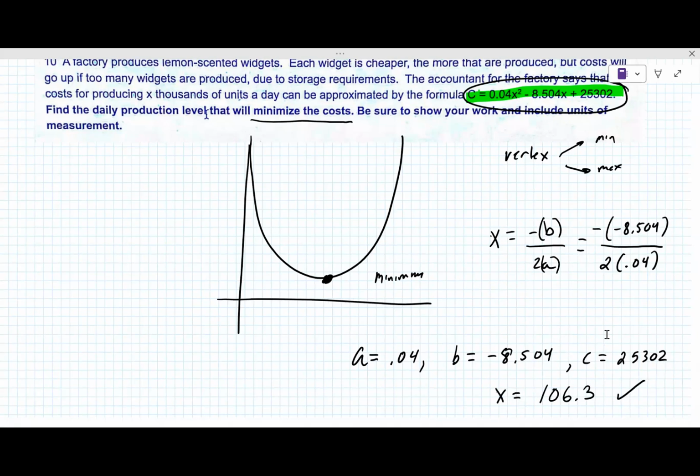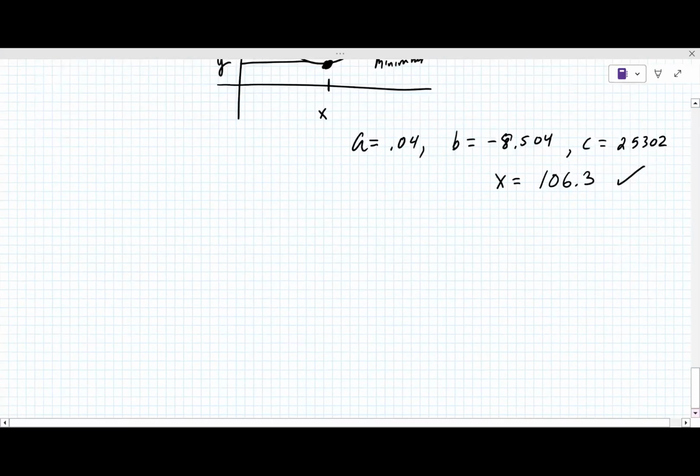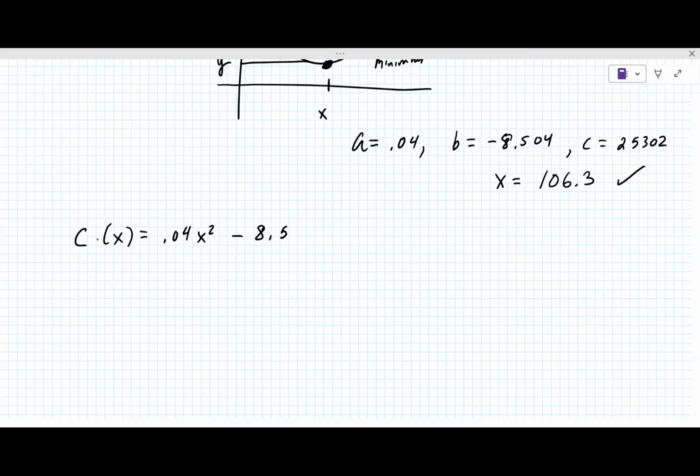All right, now that's the X value of the vertex. We want the Y value of the vertex. To get the Y value, you have to take this X value and put it back into the equation there. Okay, so here's how that looks. Just going to reset the screen here. The cost as a function of X is 0.04 X squared minus 8.504 X plus 25302.